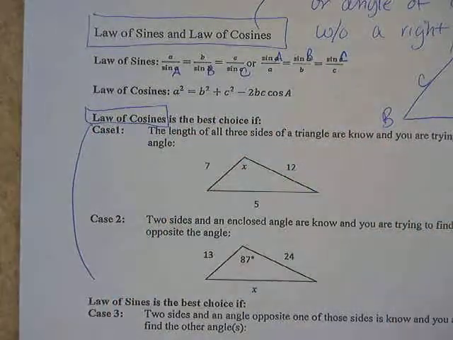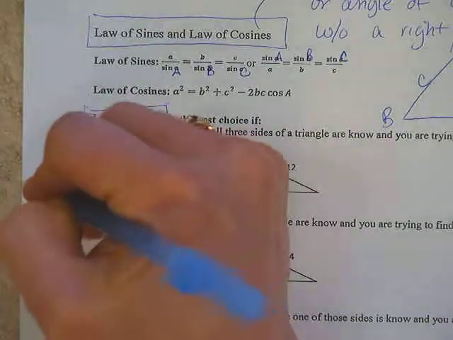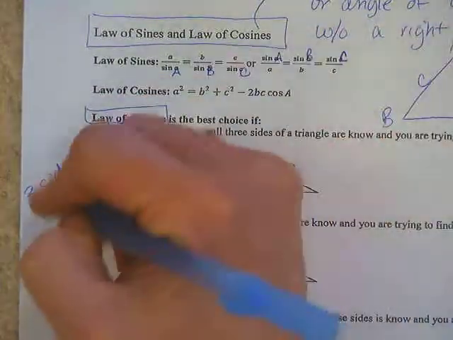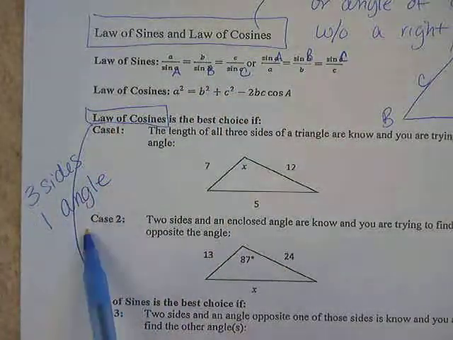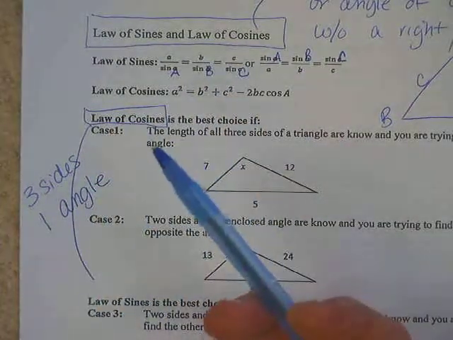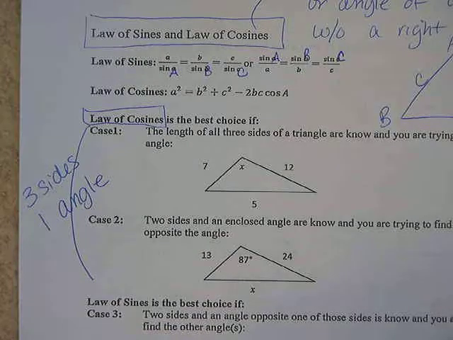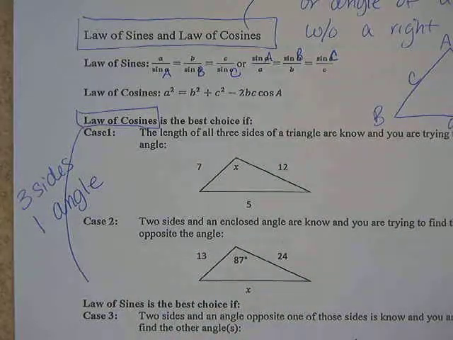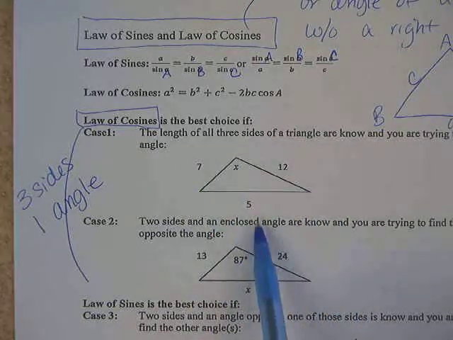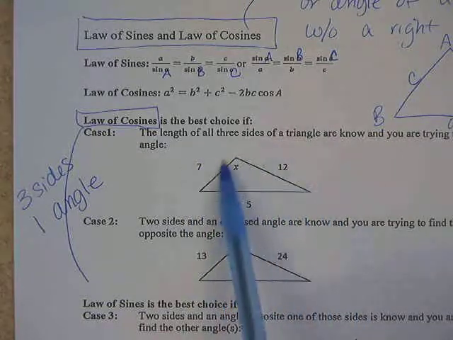What that boils down to, and what you really need to be looking at, in the margin over here, is if you are dealing with 3 sides and 1 angle, one of which would be unknown, then you're dealing with cosines.